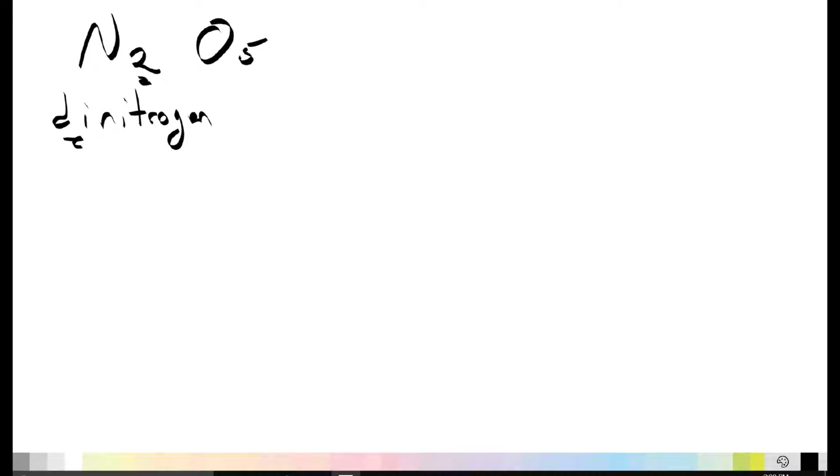So let's see. N2O5 is dinitrogen, because there's two nitrogens, pentoxide, because there's 5 oxygens. And here's our first exception. You don't throw in the final vowel before oxide, just because it sounds kind of weird.